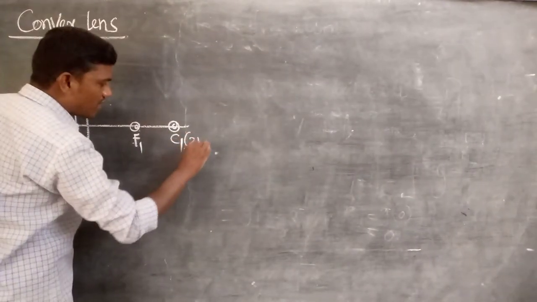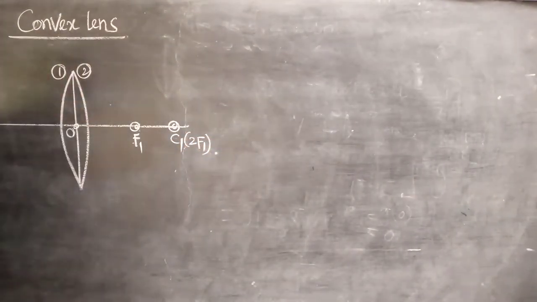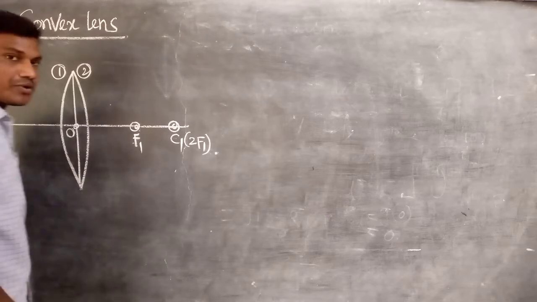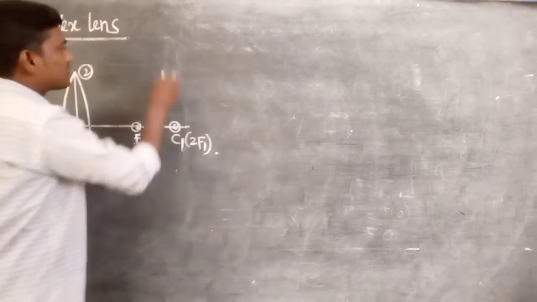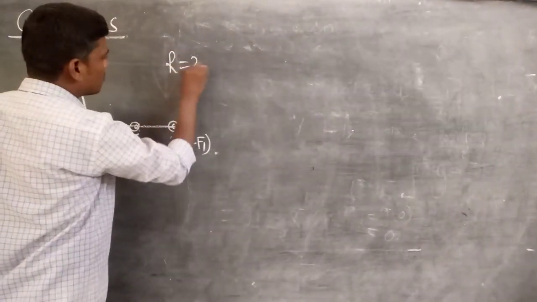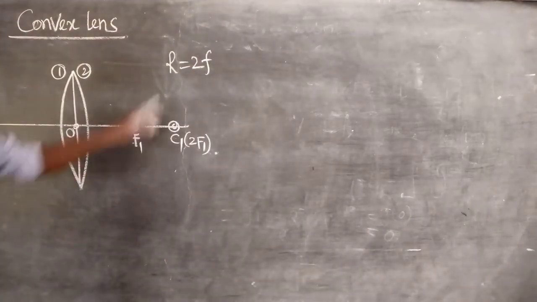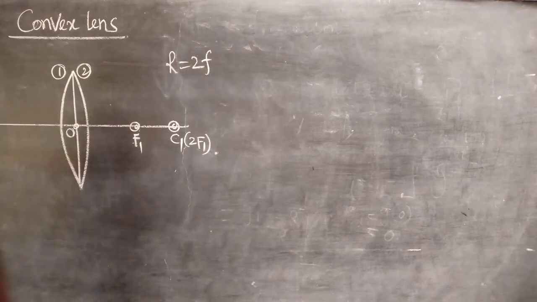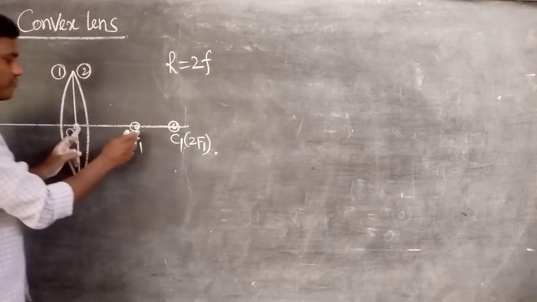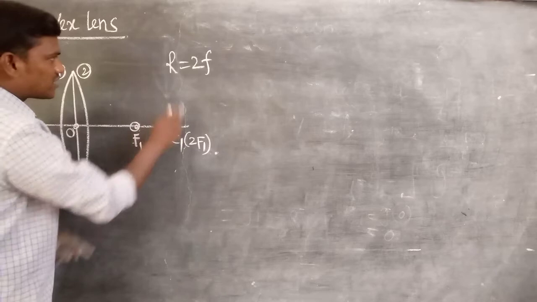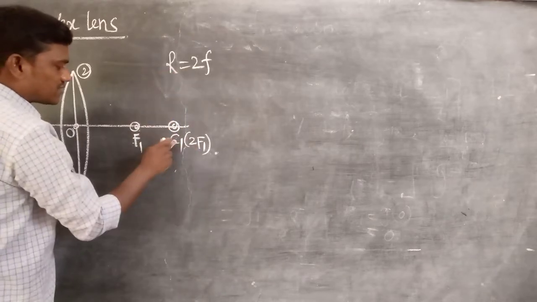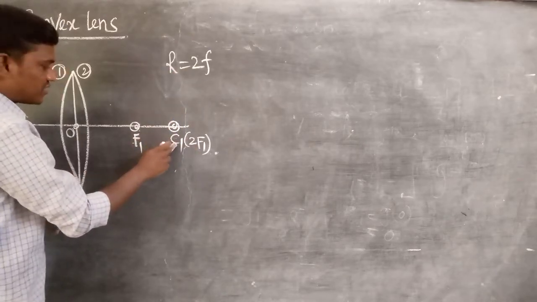C1 we also call 2F1 because, as I explained clearly in the reflection of light chapter, R is equal to 2F. The radius of curvature is always twice the focal length. That's why F1 means C1 is 2F1. C is the center of curvature.